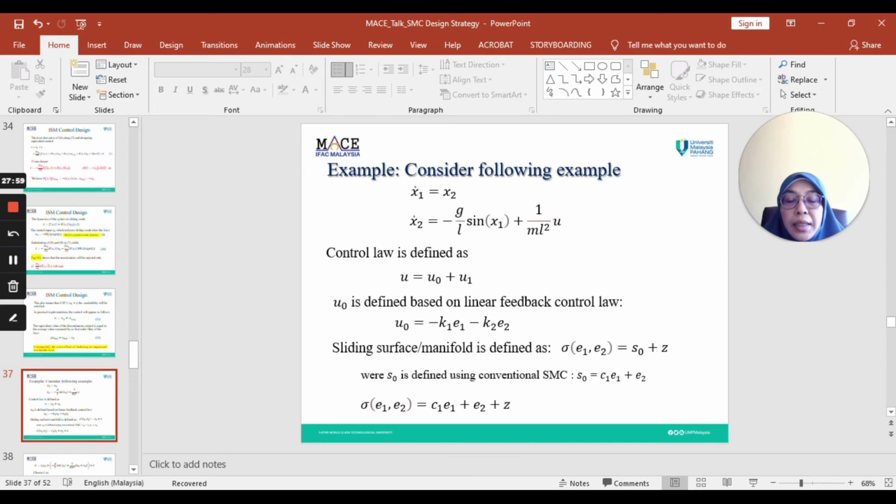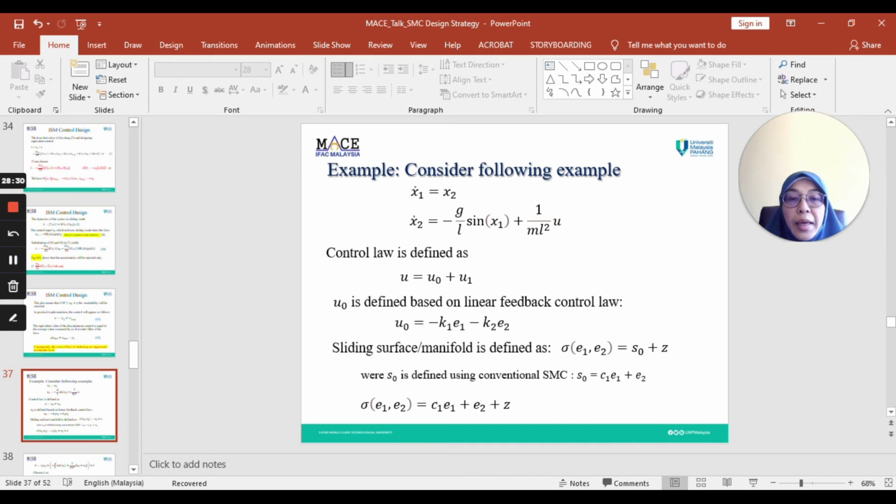Again, this is a second order nonlinear system. We have the control law for ISMC defined as u naught plus u1, where u naught can be defined based on a linear feedback control law, for example pole placement, so we can use that to control the system when there is no uncertainty.